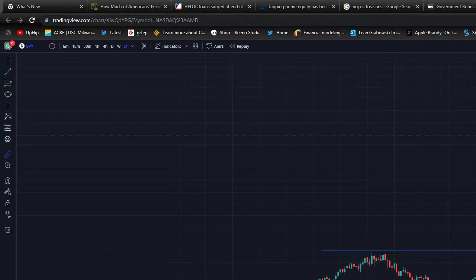Quality is good though. Which screen do you see? You see it? I see the TradingView screen. All right.